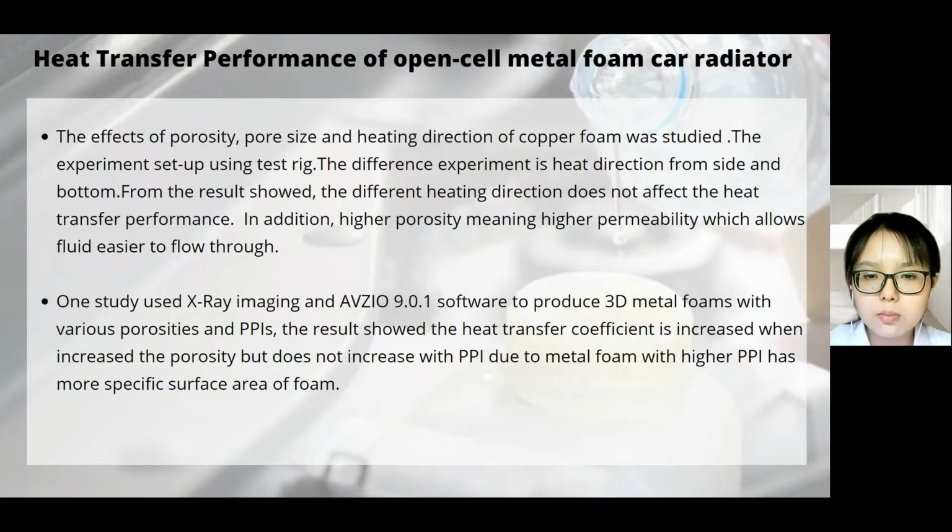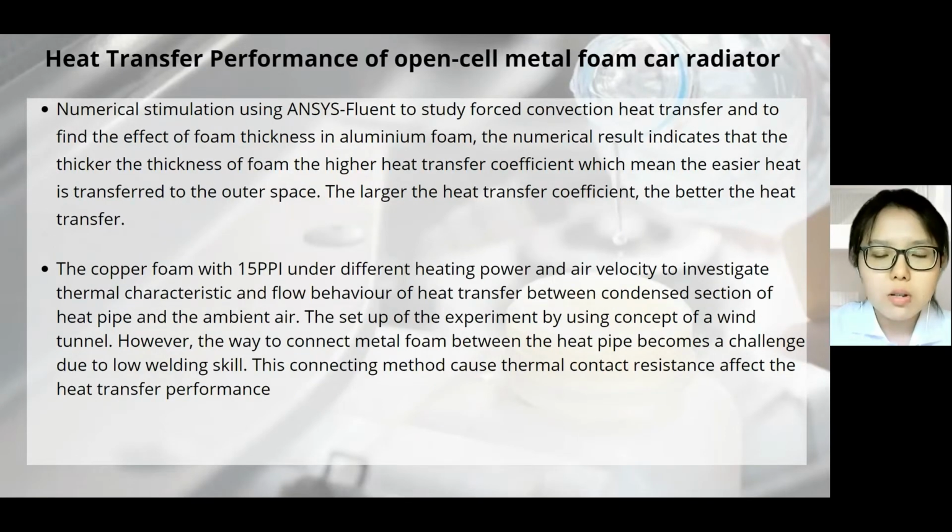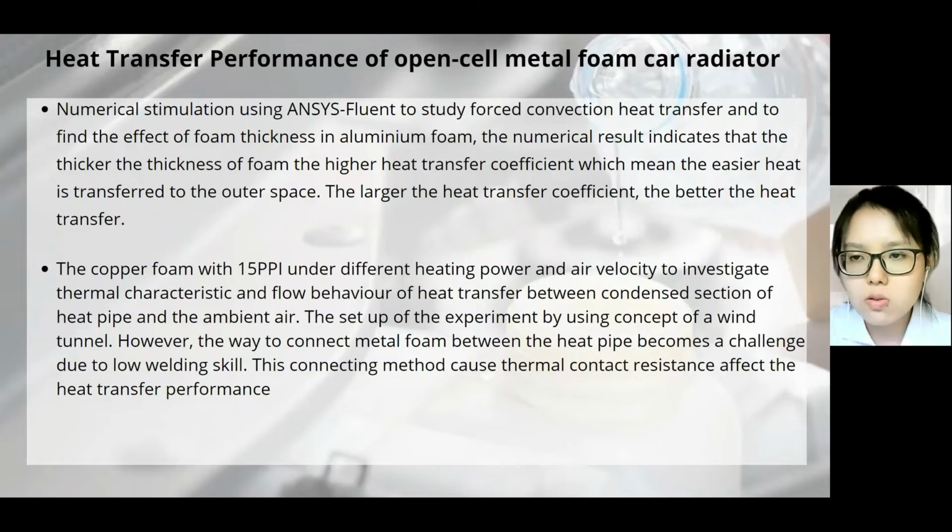Another study did a numerical simulation using ANSYS Fluent to study the forced convection heat transfer and find the effect of foam thickness in aluminum foam. The numerical result shows that the thicker the foam, the higher the heat transfer coefficient, which means it is easier for the heat to transfer to the outer space.